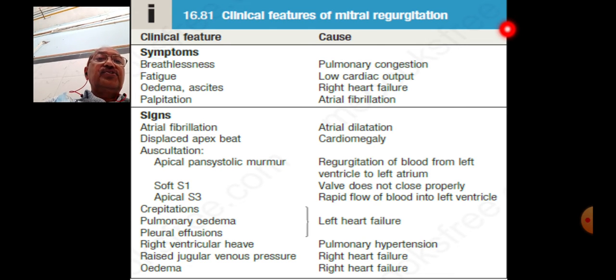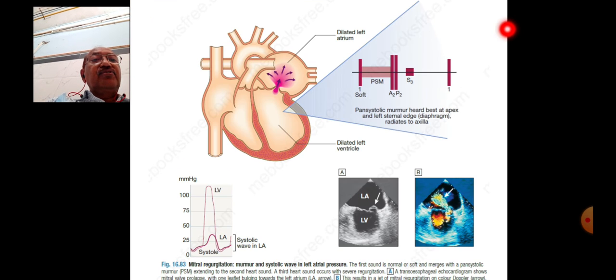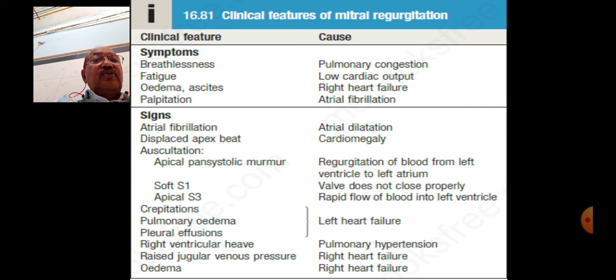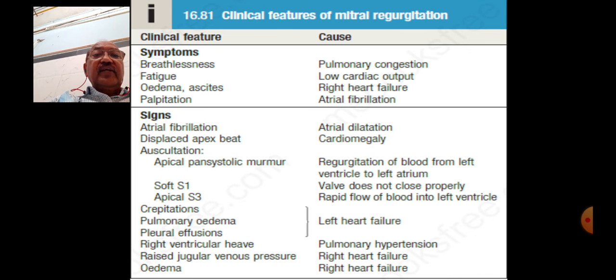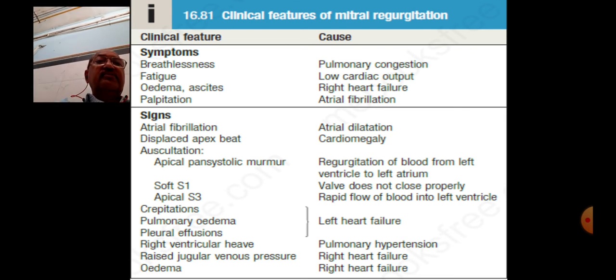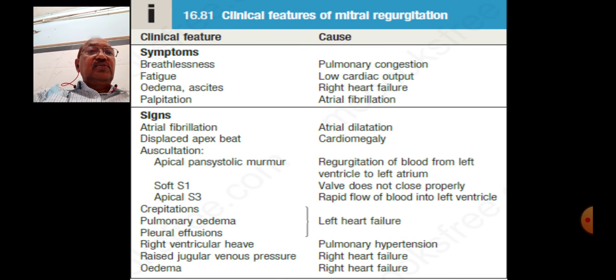On auscultation, apical systolic murmur due to regurgitation of blood from left ventricle to left atrium, soft S1 as the valve does not close properly, apical S3 due to rapid flow of blood into the left ventricle, crepitations, pulmonary edema due to left-sided heart failure, pleural effusion, right ventricular heave, raised JVP, and edema due to pulmonary hypertension and right-sided heart failure.